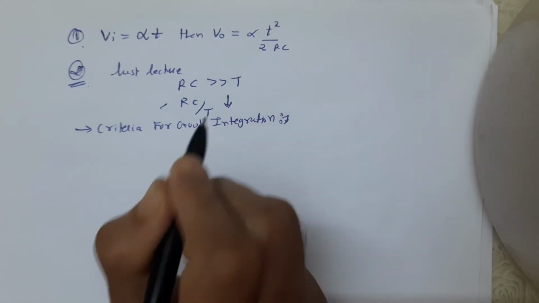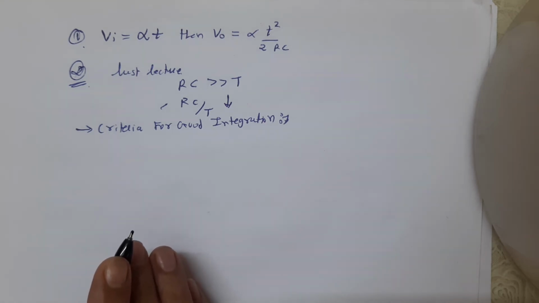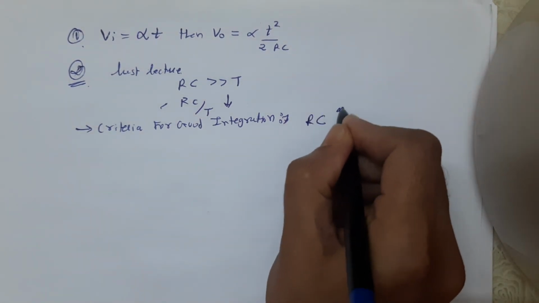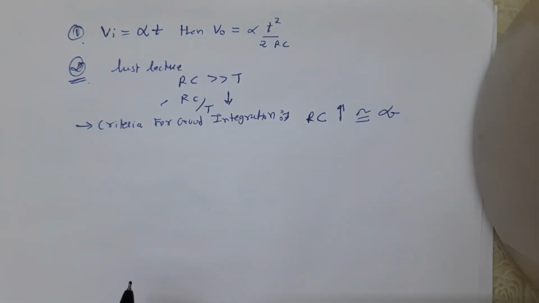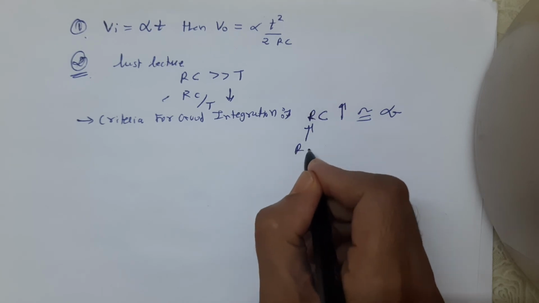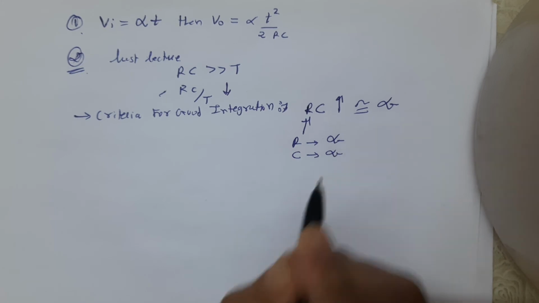To obtain the criteria for good integration in terms of the time period of a sinusoidal input voltage, we note that for better integration, RC should be as large as infinity, for which either R should be infinity or C should be infinity.